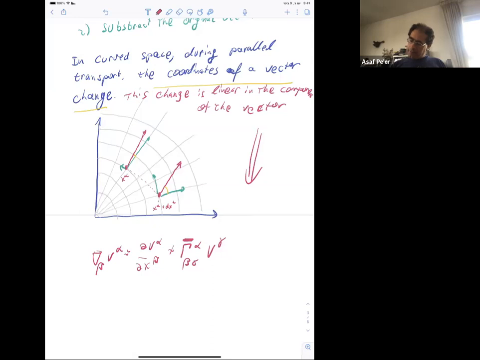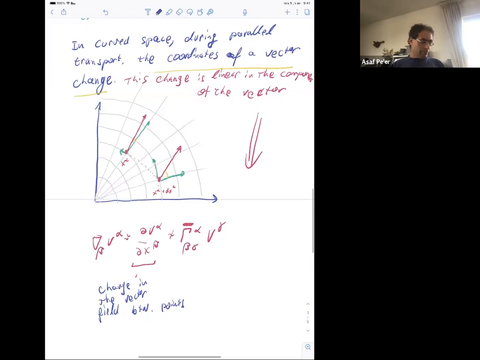So again, we have two terms here. This term represents the real change of the vector when it is shifted from x alpha to x alpha plus delta x alpha. This is a change in the vector field between points.